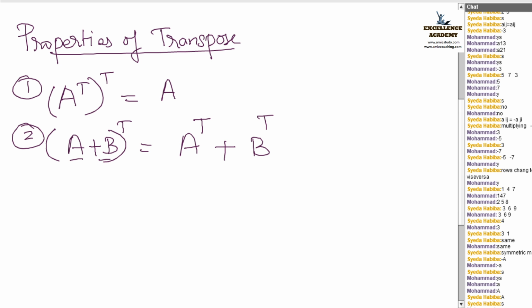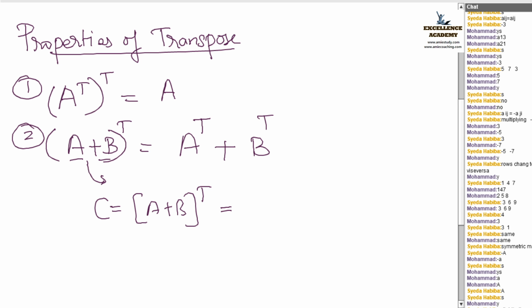If I have two matrices and add them, I get a C matrix which is the sum of A and B. Then you take the transpose, that will be equal to, yes, it is a distributive property. Similar is the case with A minus B, the whole transpose. That will be equal to A transpose minus B transpose. Agreed?